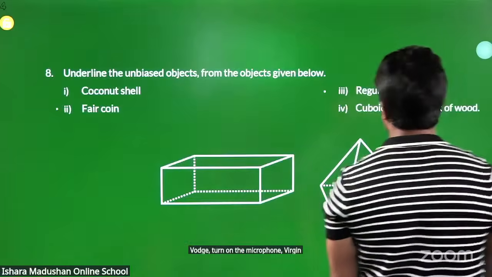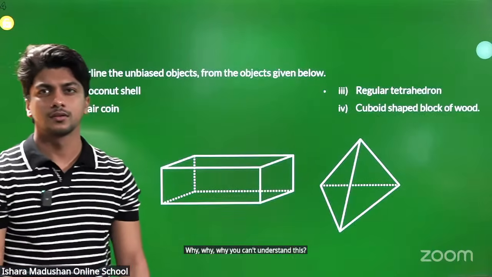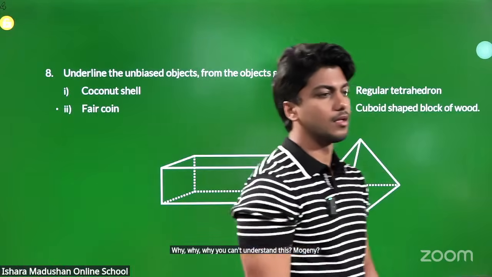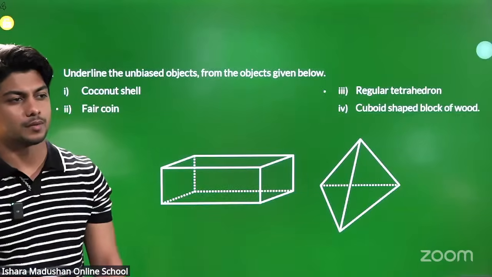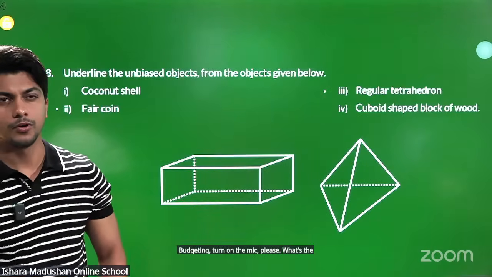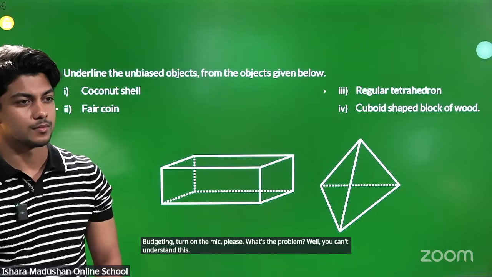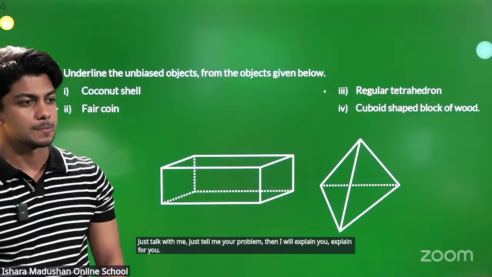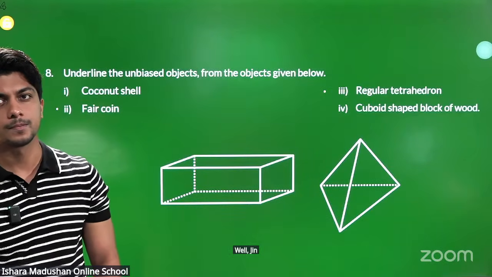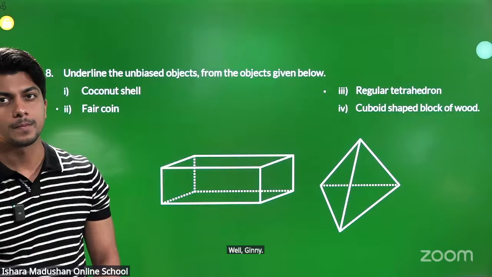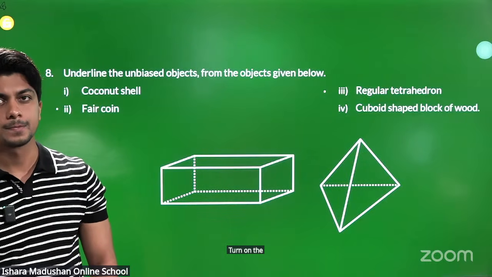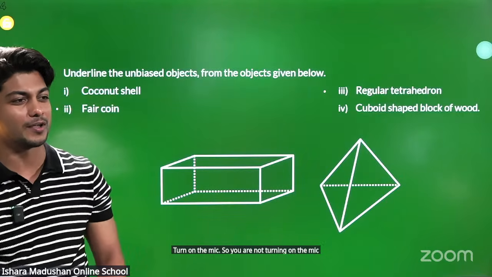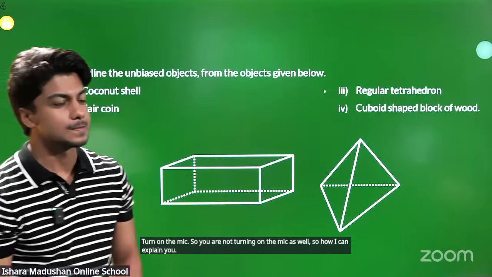Why you can't understand this? Vajini, turn on the mic, please. What's the problem? Why you can't understand this? Just talk with me. Just tell me your problem, then I will explain for you. Vajini, turn on the mic. So you are not turning on the mic as well. So how I can explain you? Okay.